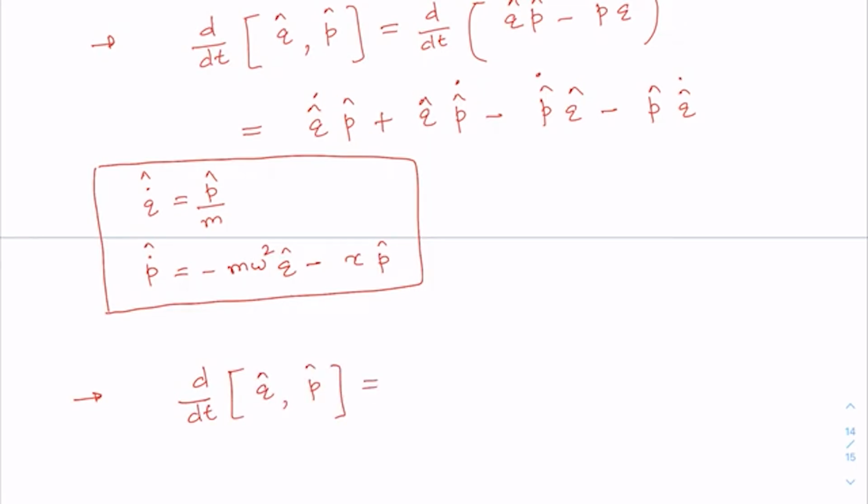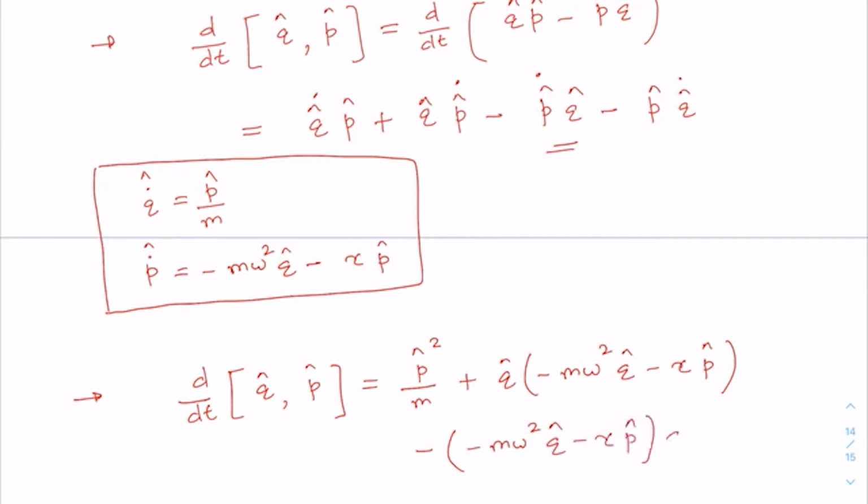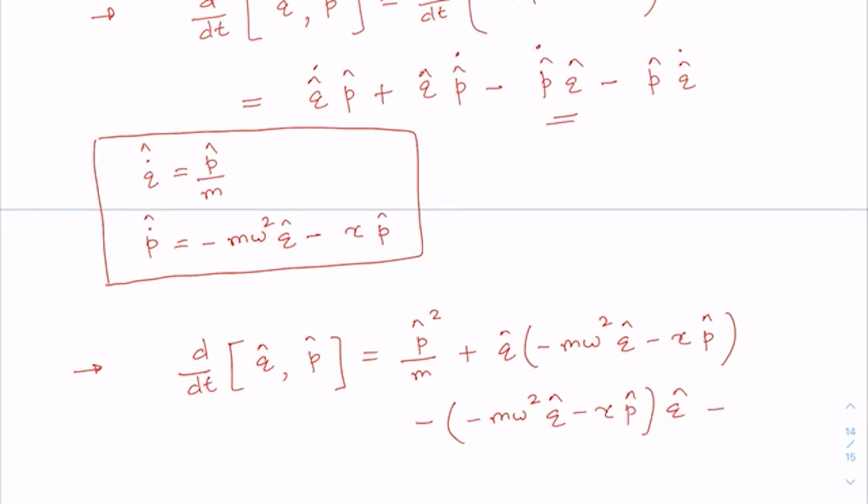Let me put q dot is equal to p by m. The first term is going to give me p square by m, and then for the second term I will write p dot as minus m omega square q minus gamma p. Then again from this term, I put p dot is equal to minus m omega square q minus gamma p, and here I have q, and the last term is going to give me q dot is equal to p by m, so it is going to give p square by m.